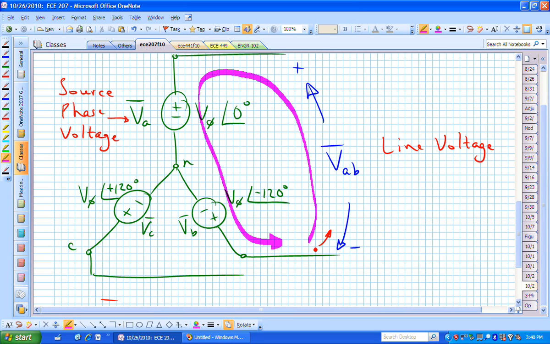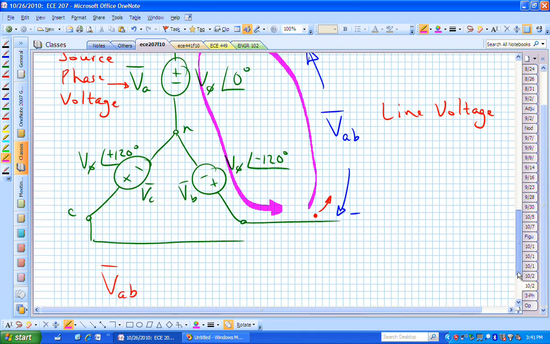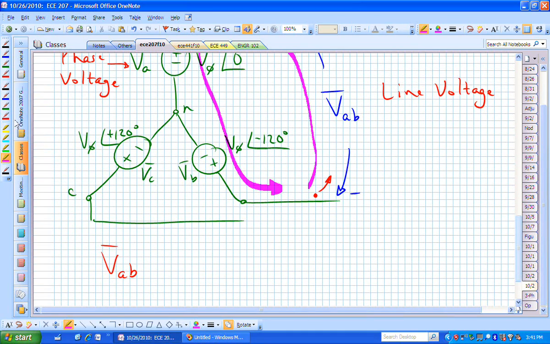I can create a loop or a mesh anywhere, and it can include an air gap. It doesn't have to have an element in that loop. Going around in that manner, I would say, well, I'm entering the minus terminal on AB. So there's minus V sub AB, phasor.